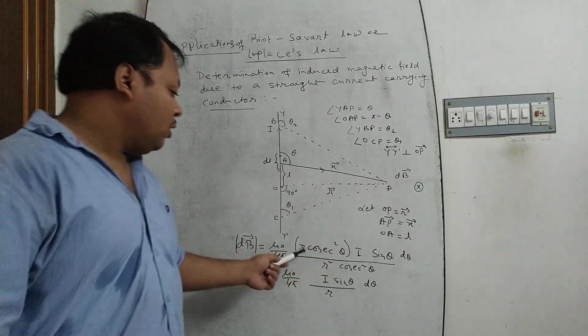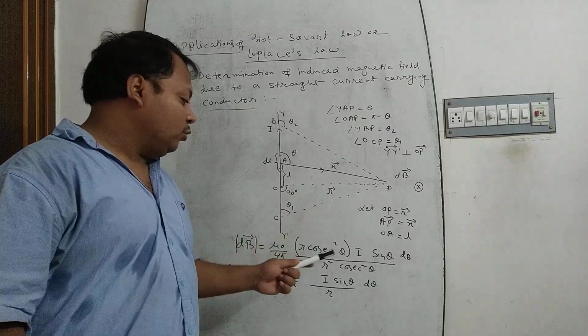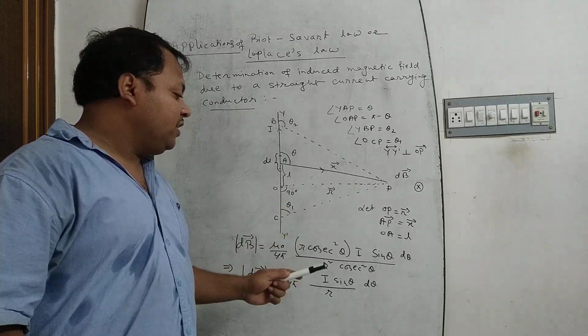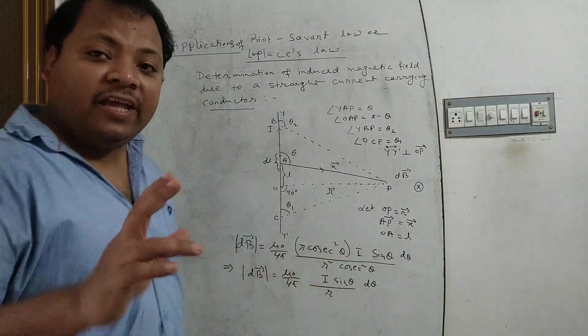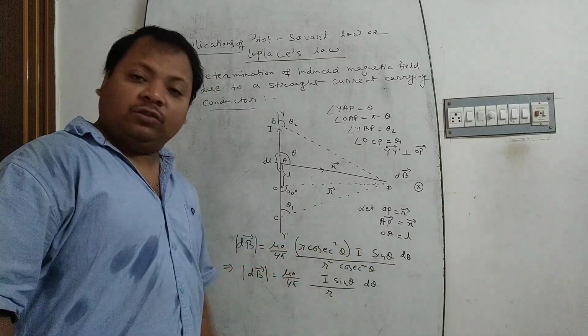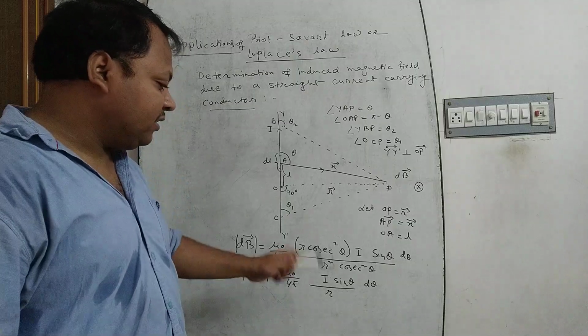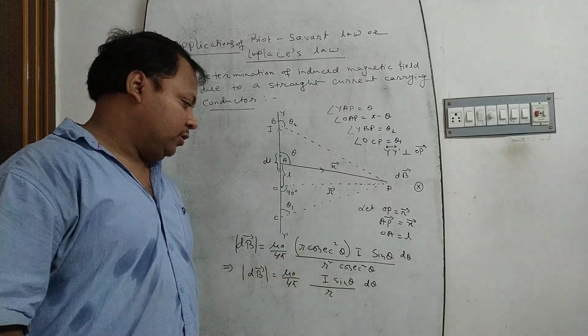Because you know that dl is equal to r cosec square theta d theta and x is equal to r cosec theta. Therefore, x square is equal to r square cosec square theta.